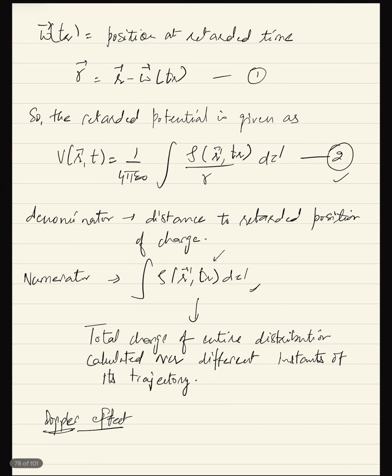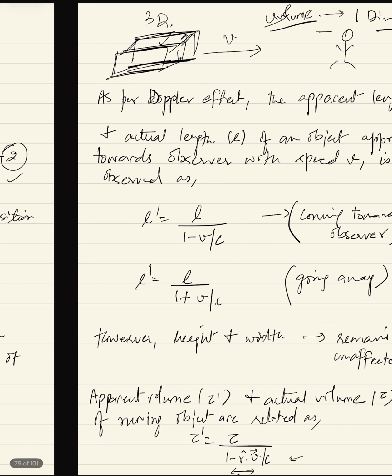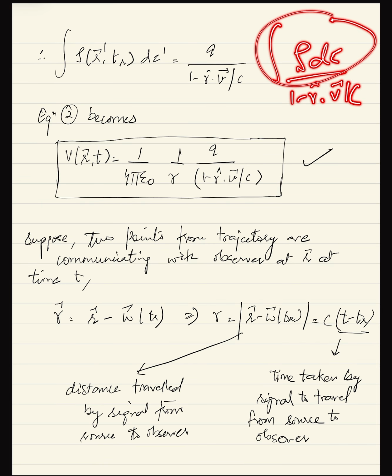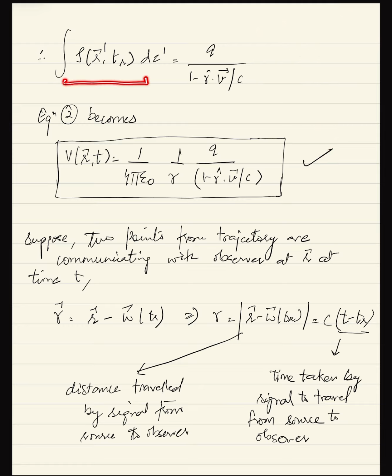So what will happen to this rho(t_r) over dτ? It will be given as rho(r', t_r) dτ, and with dτ', we have rho dτ over 1 minus r cap dot v by c. And what is rho dτ? Rho dτ is nothing but q, the total charge. So the integration will equal simply q over 1 minus r cap dot v by c.